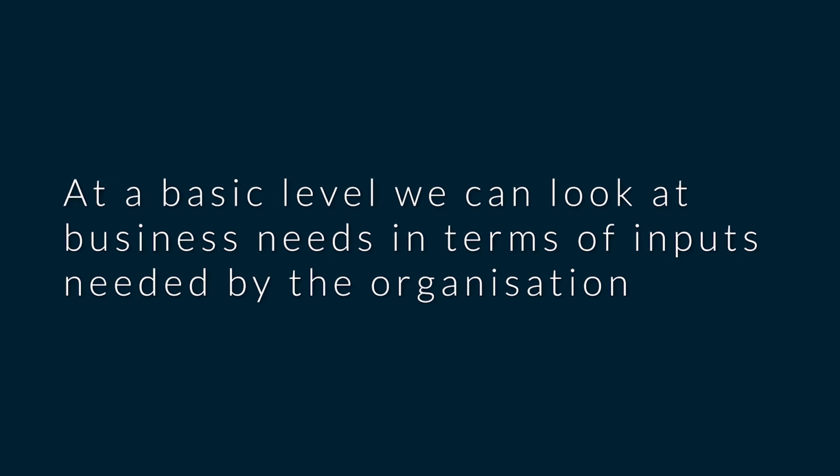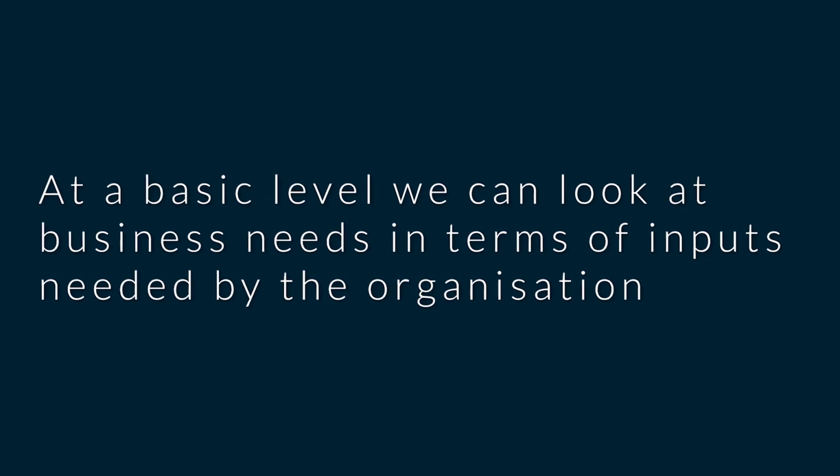At a basic level, we can look at business needs in terms of input needed by the organization. This simply means that if you look at any organization, we have inputs, raw materials, whatever it is, which are going to be processed into output. So when we're talking about business needs, we're simply asking ourselves, what are those needs? That is at a very basic level.